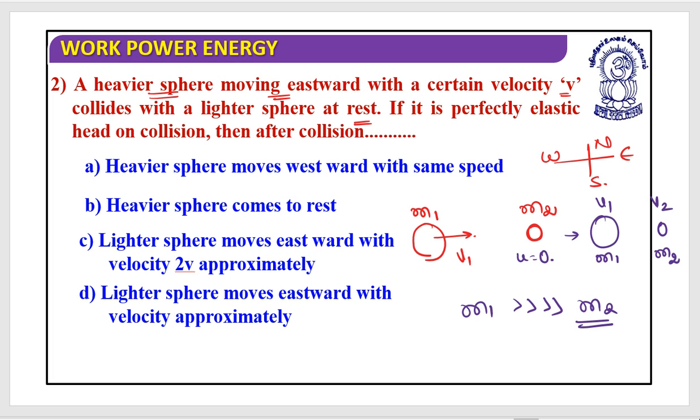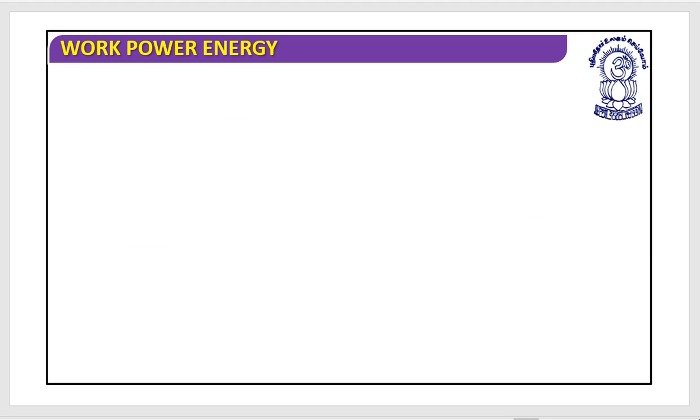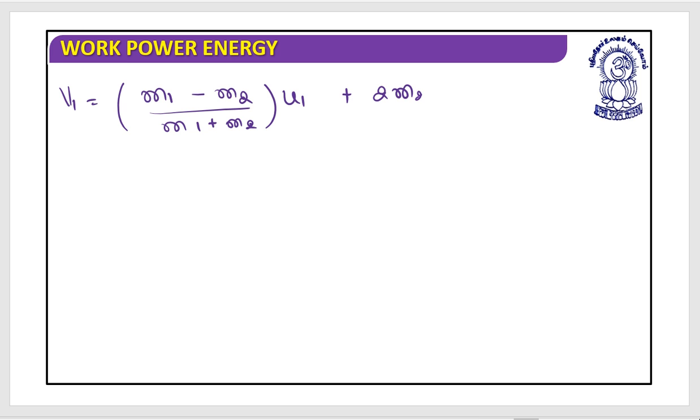So let's have a look at what can be done here. We know the relations for v1 and v2 from the first part of the collision session. The v1 was (m1 minus m2) divided by (m1 plus m2) into u1, plus 2m2 divided by (m1 plus m2) into u2.